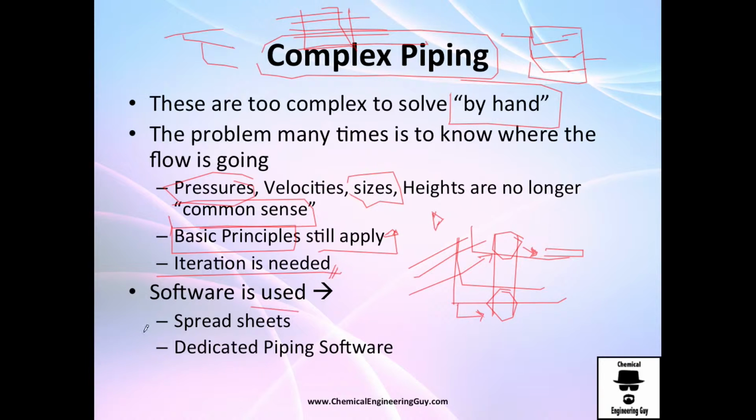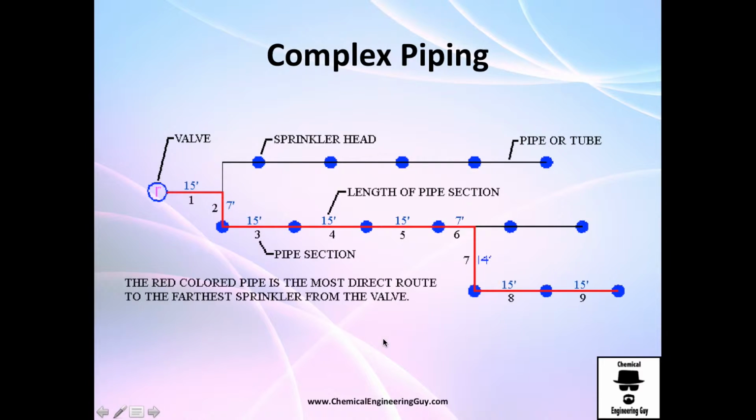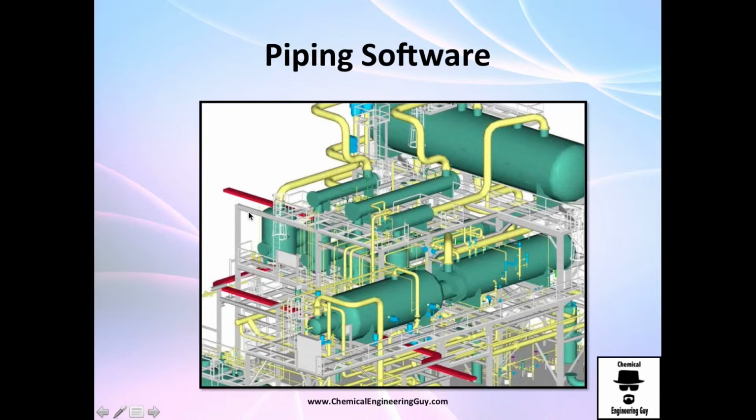Spreadsheets, actually try to avoid them. You're going to probably use dedicated piping software. For example, this one is branch flow. You got the sizes and stations, valves, and so on. And well, that will be a normal problem. This will be a model in space.